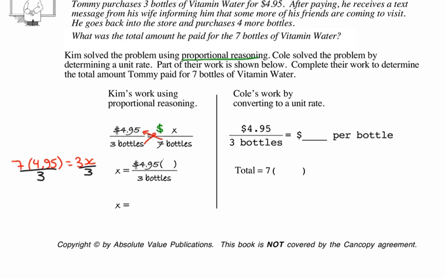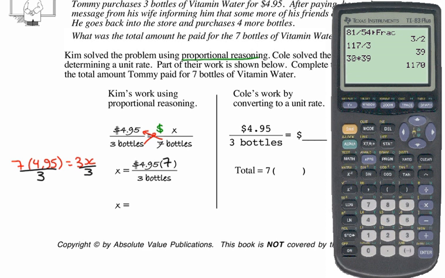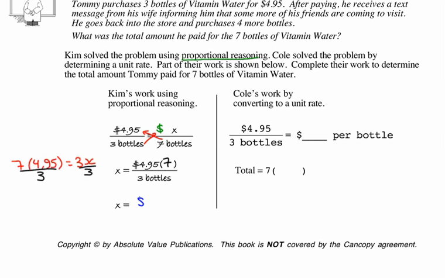So the 7 should go in the brackets. Let's type that in our calculators. 4.95 times 7, and then we're going to divide that by 3. So 11.55 should be the price for all 7 bottles.